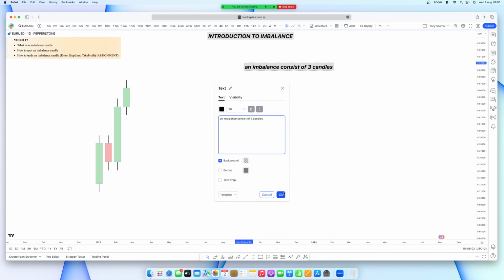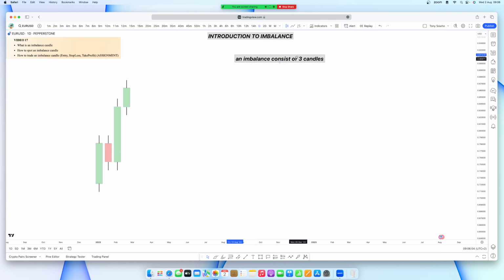Very, very important. An imbalance consists of 3 candles. You cannot have one candle that gives you the imbalance. You need 3 candles in order for an imbalance to be formed.